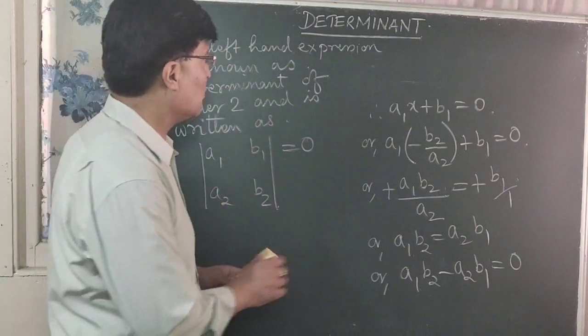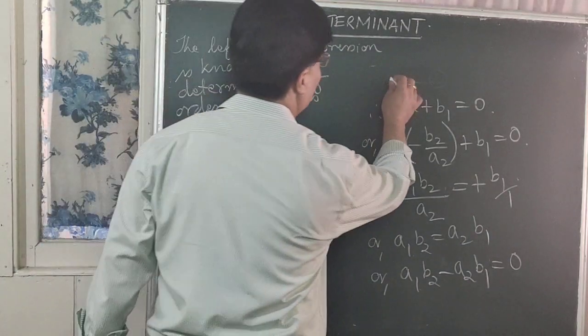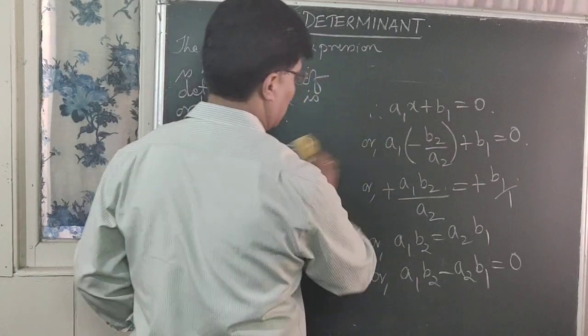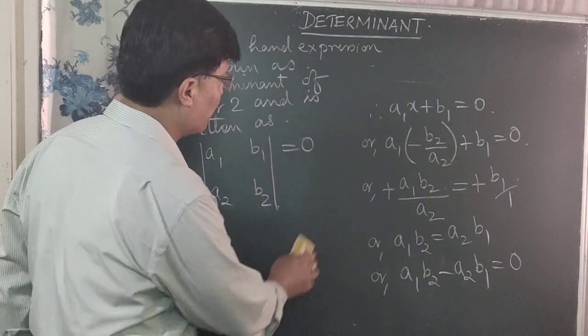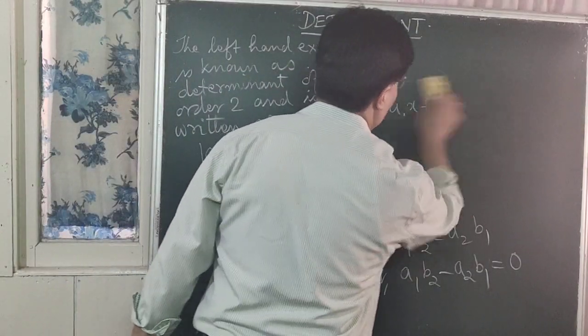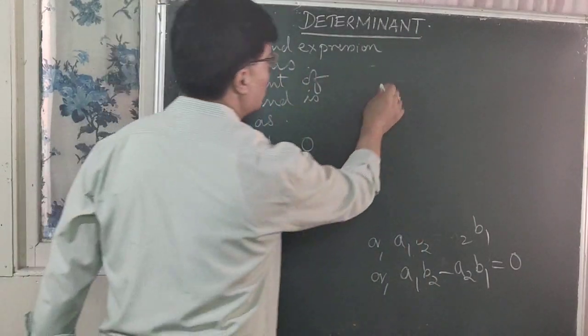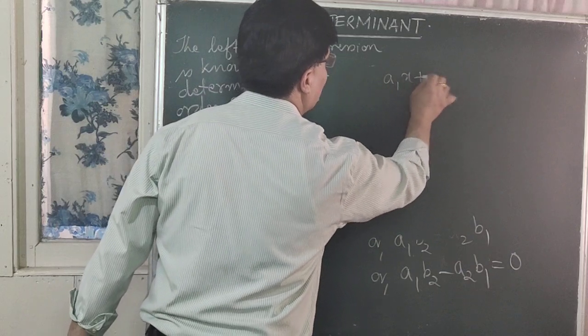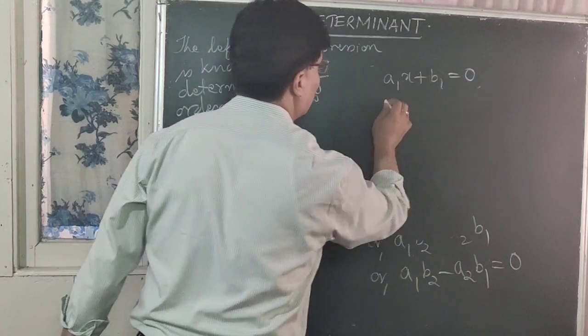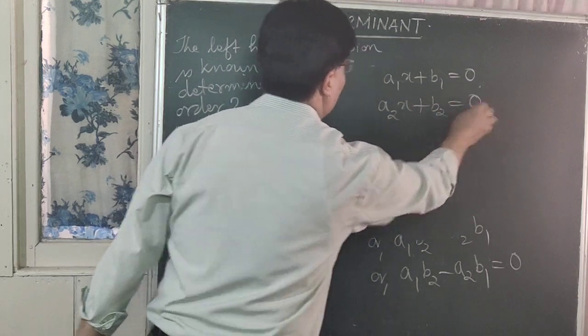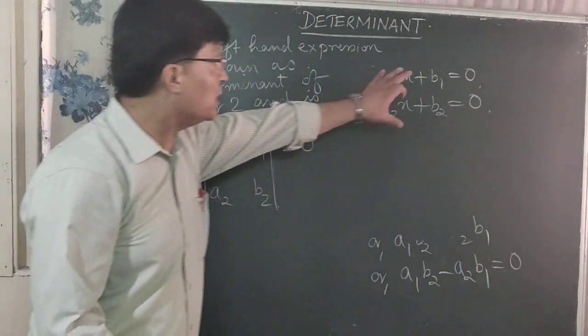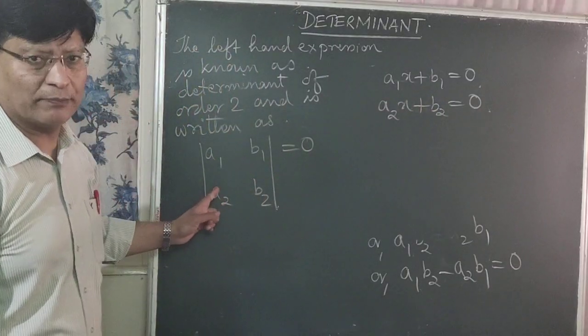Okay, so now we had the equation like this. So now the two equations were a1x plus b1 is equal to 0, a2x plus b2 is equal to 0, right? So from these equations also we can write down this one.